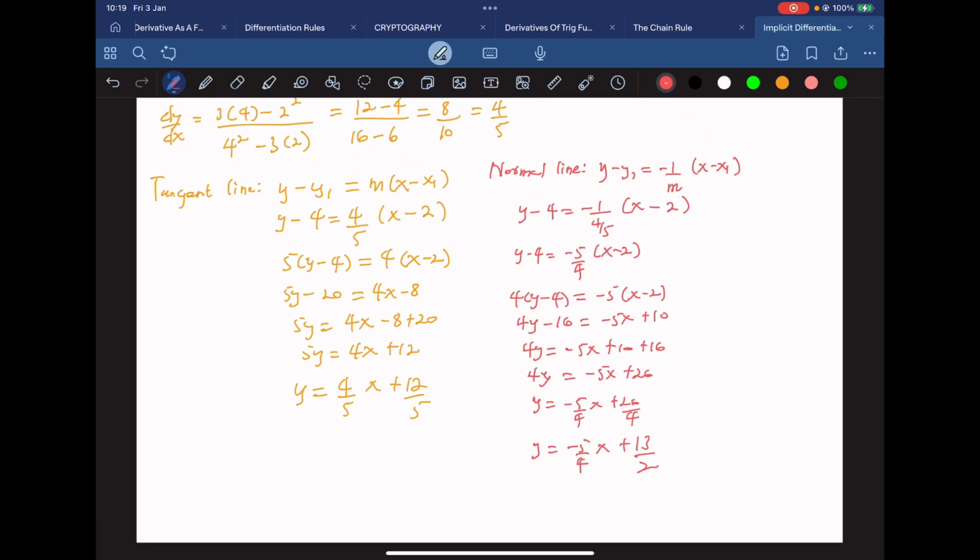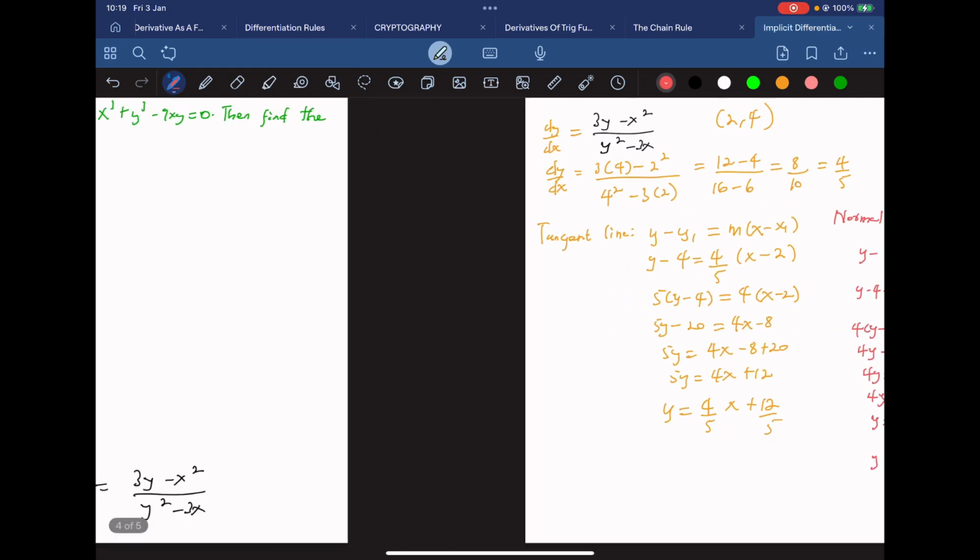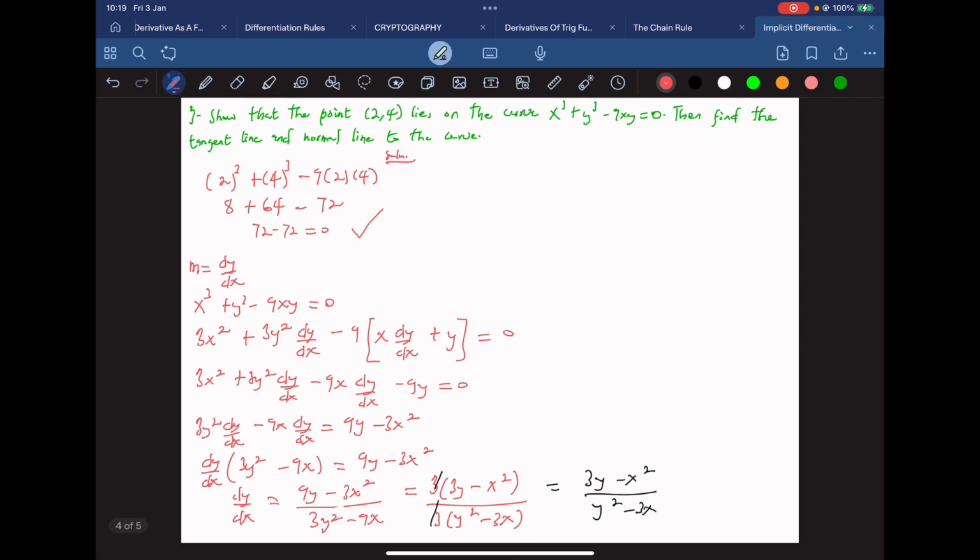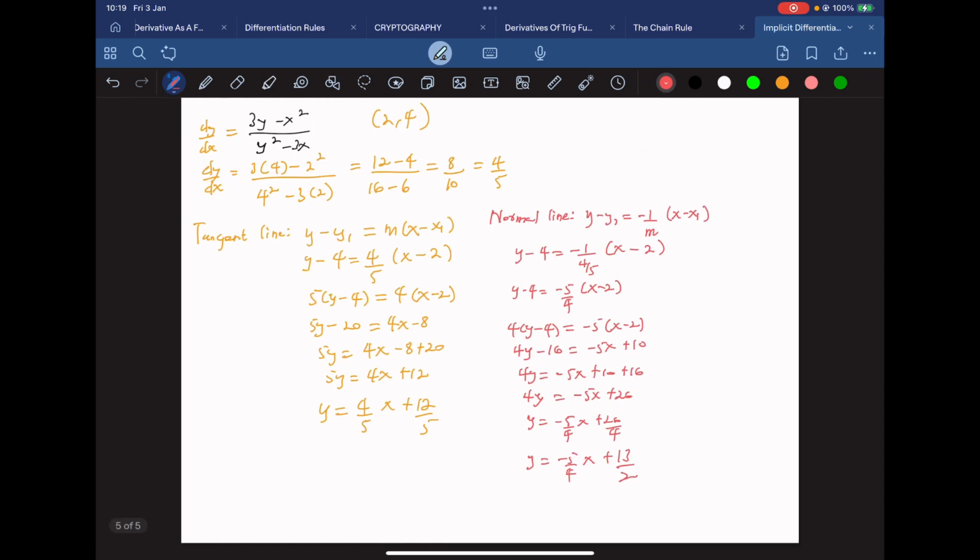So yeah, this is how to solve such a question. So this is our tangent line, and this is our normal line. I hope this also helps explain the concept a little bit better.